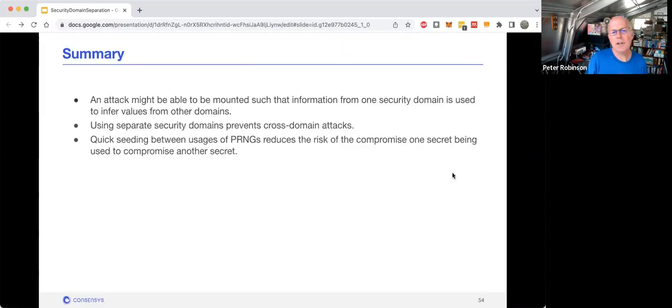So in summary, an attacker might be able to launch some sort of attack to infer information about one security domain from another security domain. So you do need to be aware of this sort of thing, especially if you're generating identifiers or some other public information, and you're generating secret values like Ethereum private keys or some other cryptographic keys.